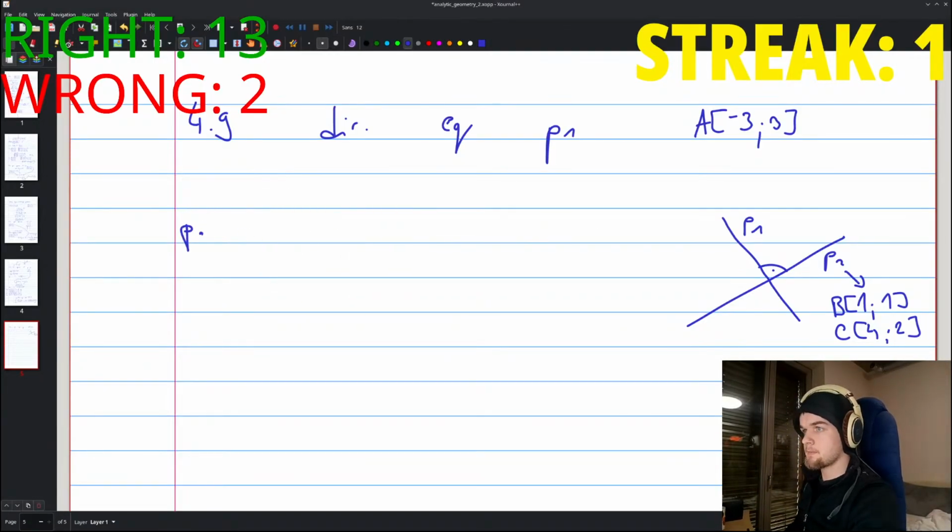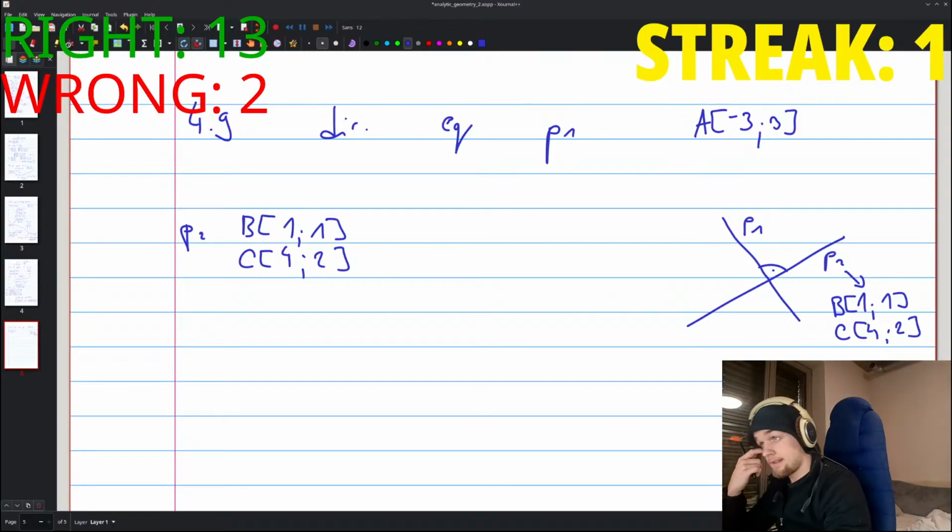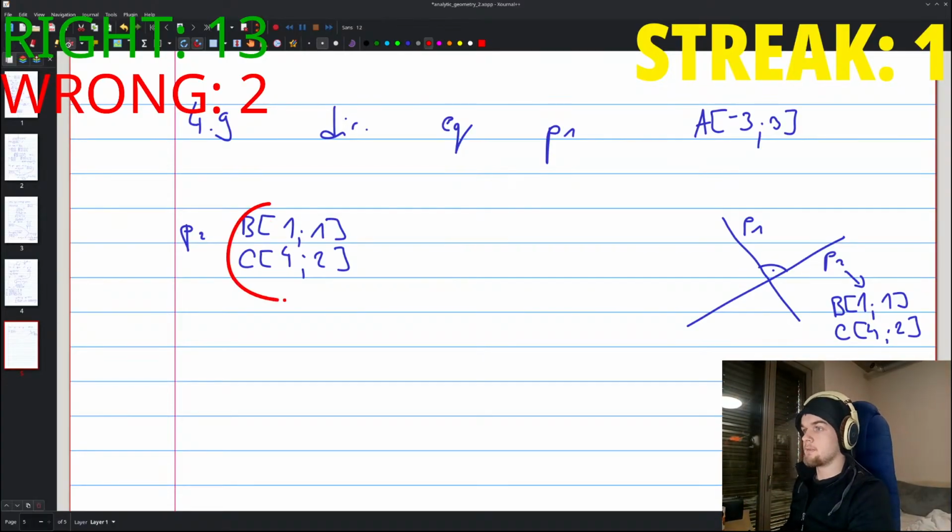I just take P2, which is 1, 1, and C 4, 2. Let's get the general equation.